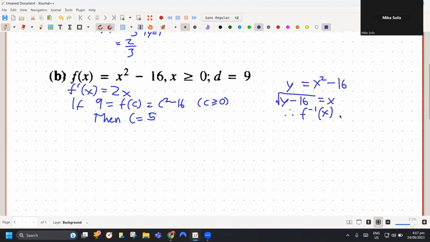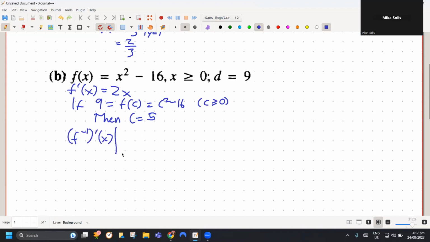We're not looking for f inverse. Remember, we're using the theorem to avoid that. So f inverse prime evaluated at 9 is equal to what?